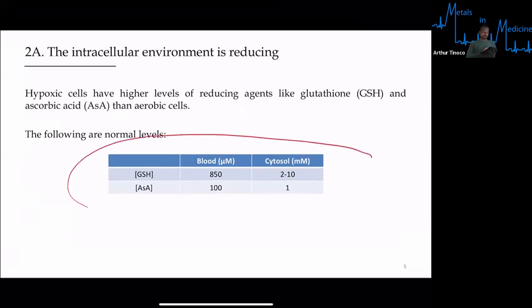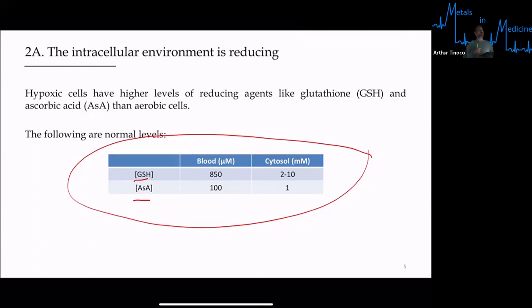Here, I'm providing the normal concentrations of these within blood, but also within the cytosol, just as a point of comparison. Glutathione, abbreviated GSH, has a concentration of 850 micromolar within blood, and ascorbic acid, abbreviated ASA, is around 100 micromolar within blood. But within the cytosol, the concentration is significantly higher.